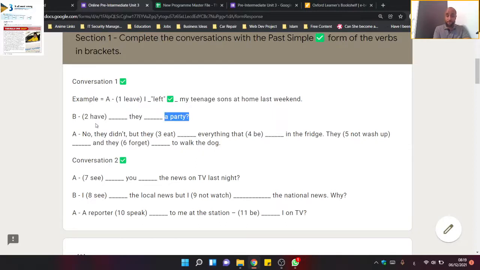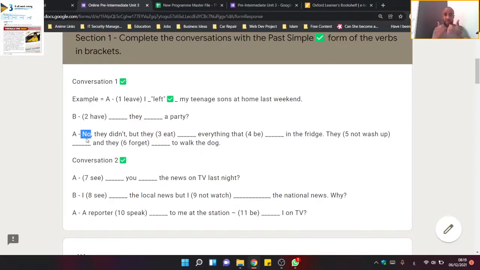Then person B says something about a party. Now, be careful. We have to think about whether this question is open or closed. How do we know? كيف نعرف؟ How do we know? If you look at the answer, it starts with no. Yes and no, you guys should know by now.